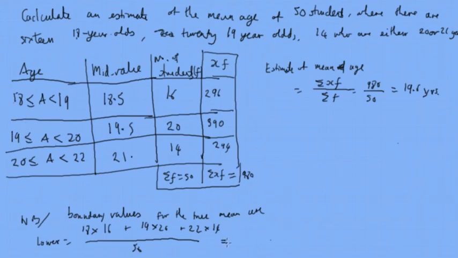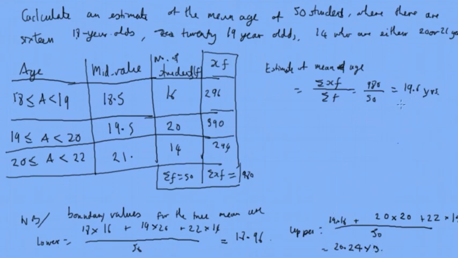So the lowest value of the true mean could be 18.96, and for the upper, we do the same but in the opposite way, so we take the upper limits, so it'd be 19 times 16 plus 20 times 20 plus 22 times 14 all over 50, and that is 20.24 years.